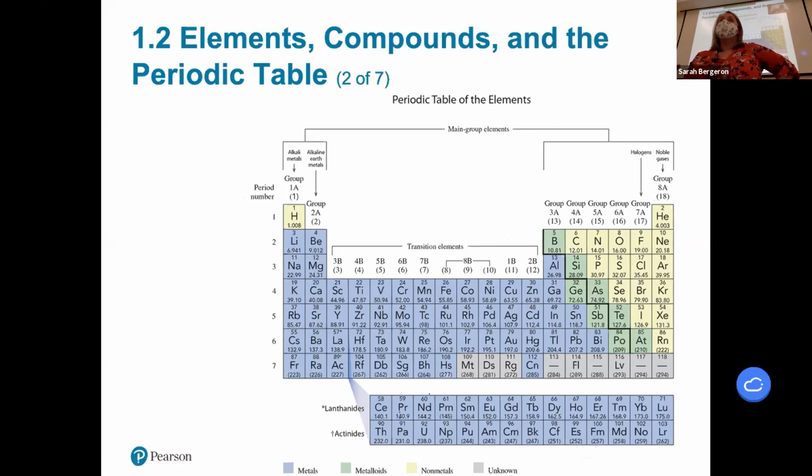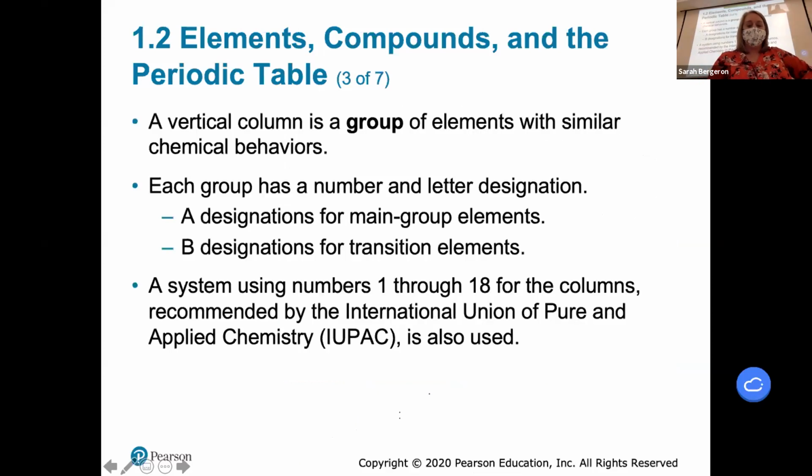No. They're very, very different. But if I take one group, everything in this one group is, guess what? The same kind of element, right? This is all nonmetals. So things that have things in common tend to be in the same group, not the same period. So be careful about that.